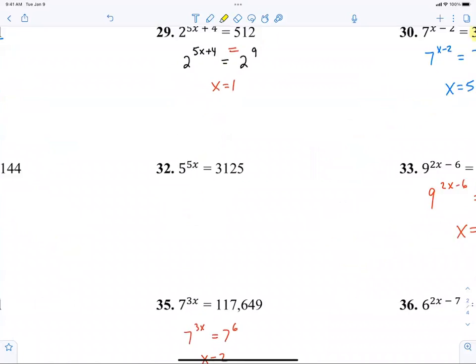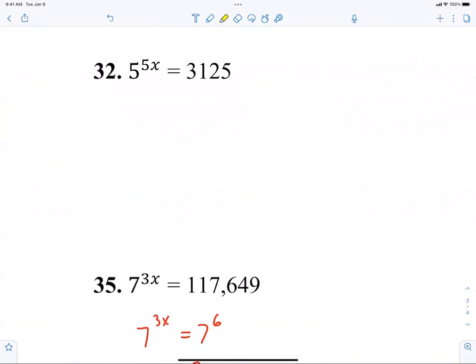Yes. Okay, so now 32. The base is 5. So I want to know 5 to what power is 3125?